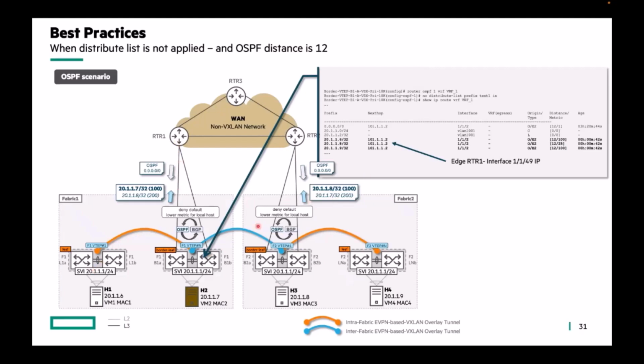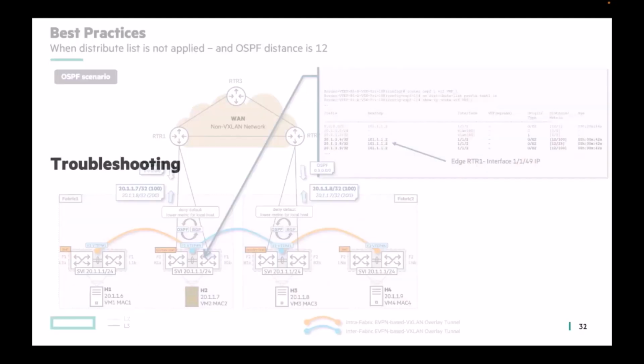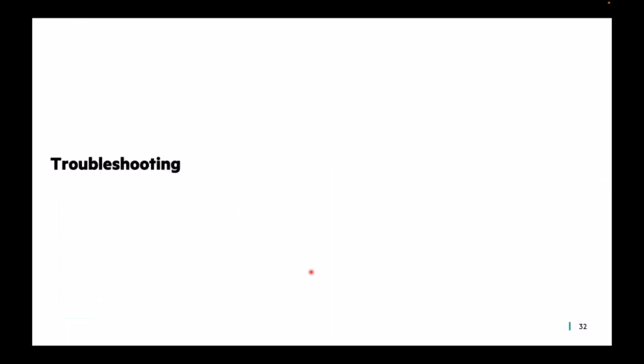But this time you will also see that the inter-fabric hosts, that is H3 and H4, are also pointing to its own router rather than going through eBGP, right? With the distance value 2. So distribute list would help achieve or correct this. If not, you will find these irregular outputs, right? Okay, that's about the best practices.